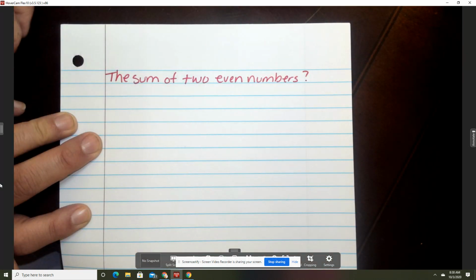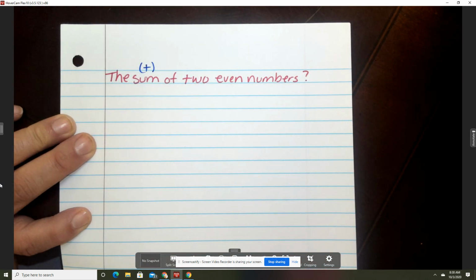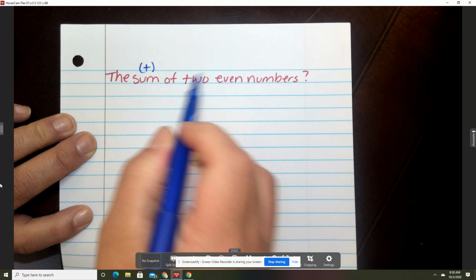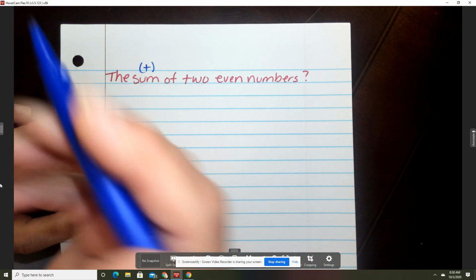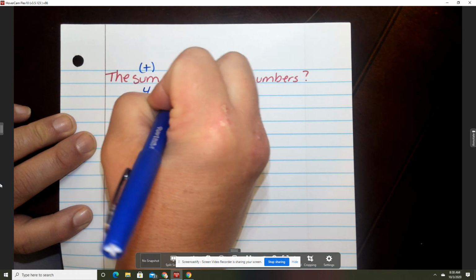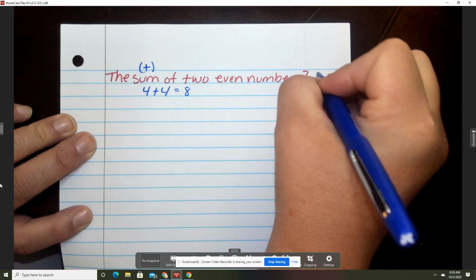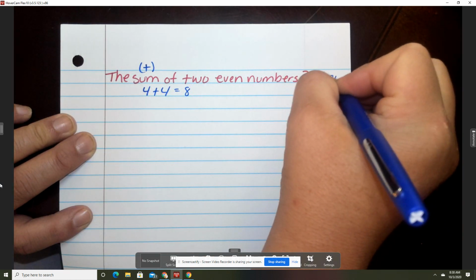Well, you need to think about it. The sum means adding, right? So just pick any 2 even numbers and figure that out. If you take 4 plus 4, that equals 8. So that's going to be even. When you add 2 even numbers together, you're going to get another even number.